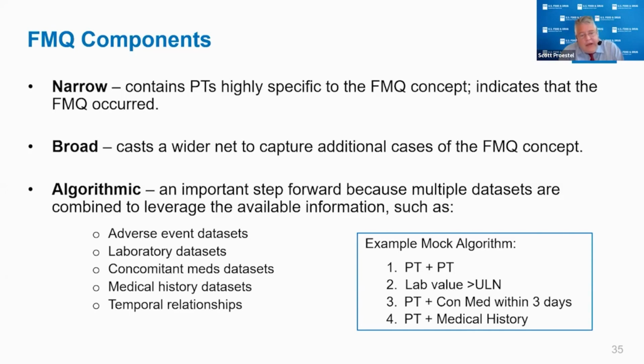We're excited about the algorithmic FMQs because they make more and better use of the data that is submitted to us in marketing applications, using multiple data sets in addition to obviously the adverse event data. This includes laboratory data, concomitant medications, medical history, and timing or temporal relationships between events.